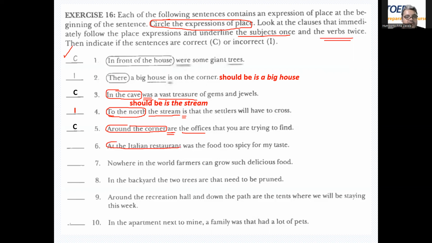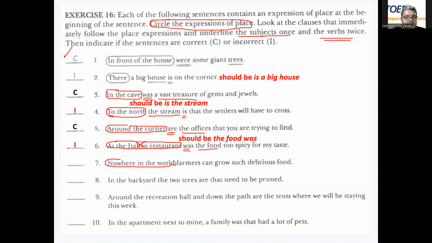At the Italian restaurant, was the food too spicy for my taste? This is incorrect because the idea the food was too spicy for my taste is complete on its own. Okay, so this is extra information. It's not necessary like in number 5 or in number 3.